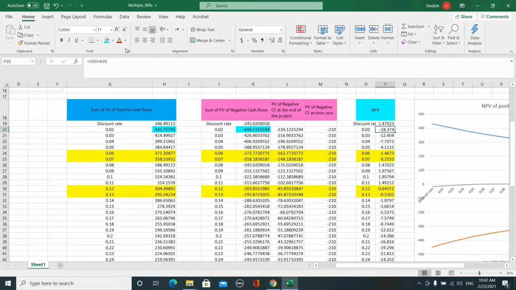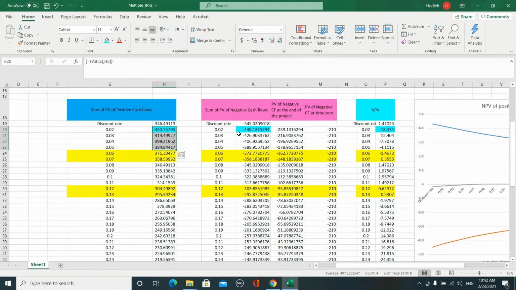That's why your NPV is negative. Okay, now what I do is that I start to increase the interest rate. What happens when I increase the discount rate? When you increase the discount rate, you value future cash flows less and less. So, as you can observe, the present value of positive cash flows starts to go down because now you are using a higher discount rate.